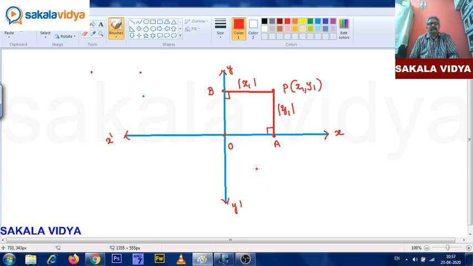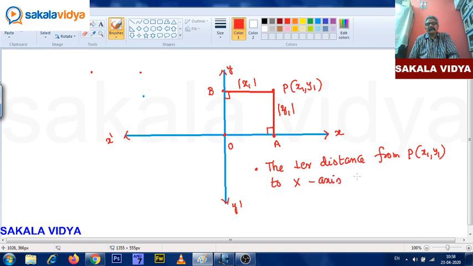So, note down: the perpendicular distance from P x1 comma y1 to the x axis is equal to mod y1.